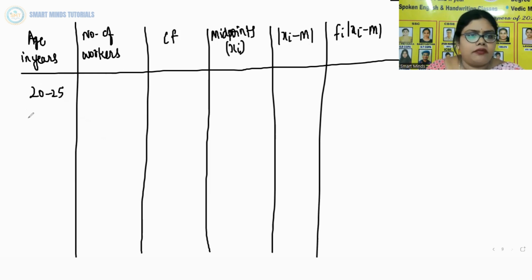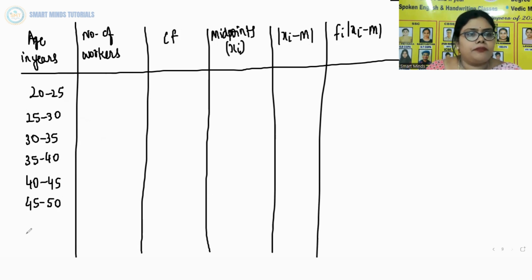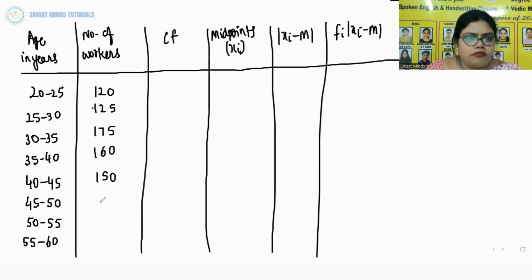20 to 25, 25 to 30, 30 to 35, 35 to 40, 40 to 45, 45 to 50, 50 to 55, 55 to 60. Number of workers is 120, 125, 175, 160, 150, 140, 130. If you add this up, you will get 1000.